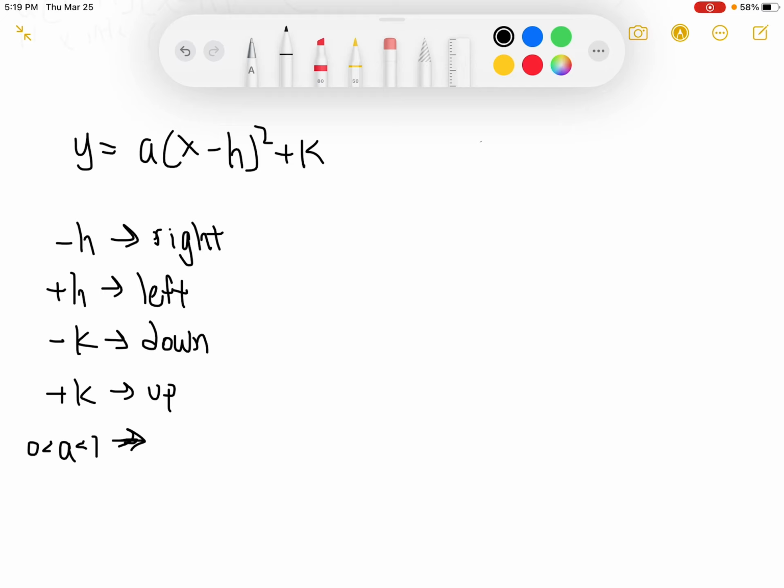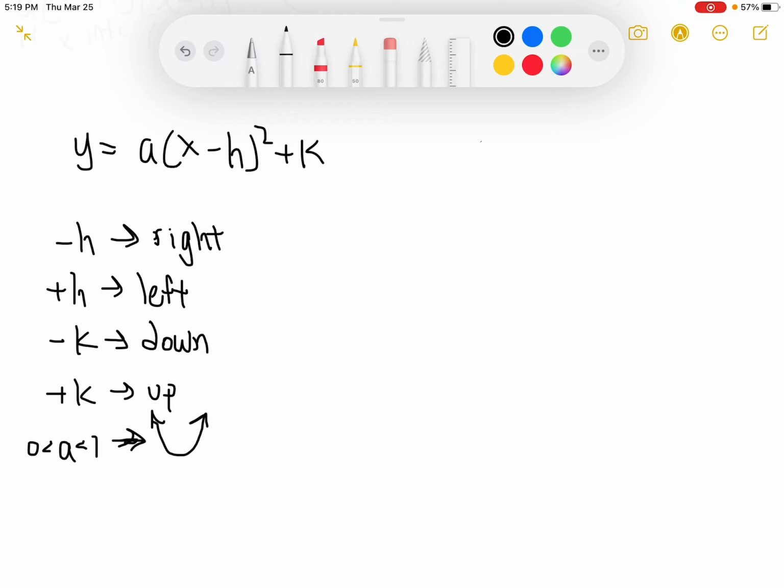You would call it compressed and stretched, but you would pretty much call this a compression, but to me that doesn't really make sense, because you think compression means squeezed together, and when it's like this, to me it looks stretched out, so I just don't like to use those terms. So just know, if it's from 0 to 1, then it's wide apart.